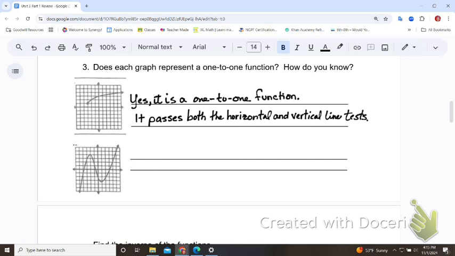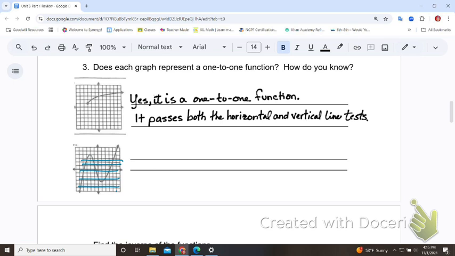And then the second one, same idea. So if I come across with vertical lines, pretend this is one vertical line moving across, each of those vertical lines only touches in one place. So it's passing the vertical line test, but when we start doing horizontal lines, whole bunch of nope, right?